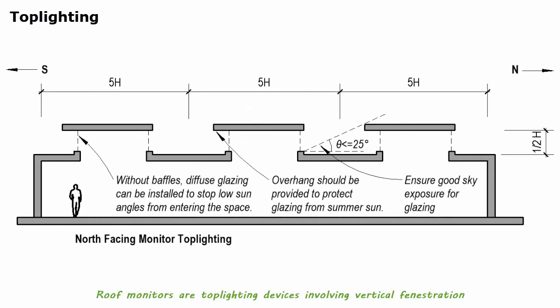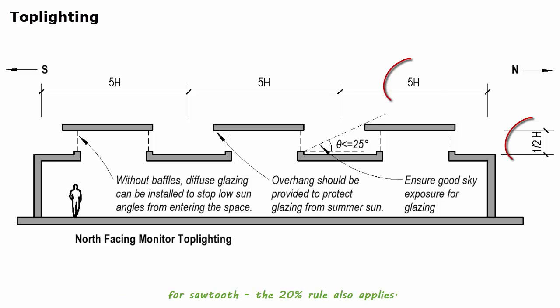Roof monitors are top lighting devices involving vertical fenestration similar to the sawtooth, except that the raised roof is flat and glazing is installed on both sides. The method of sizing the glazing area for monitor apertures is similar to that for sawtooth. The 20% rule also applies.